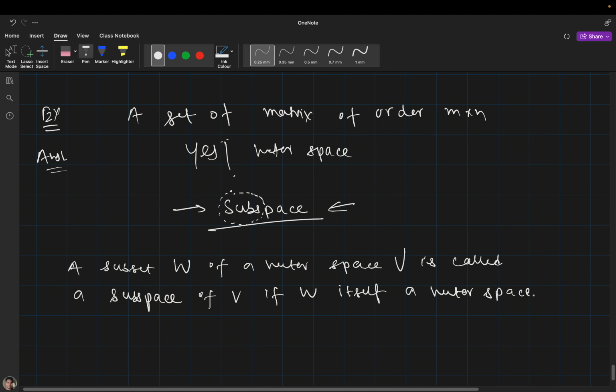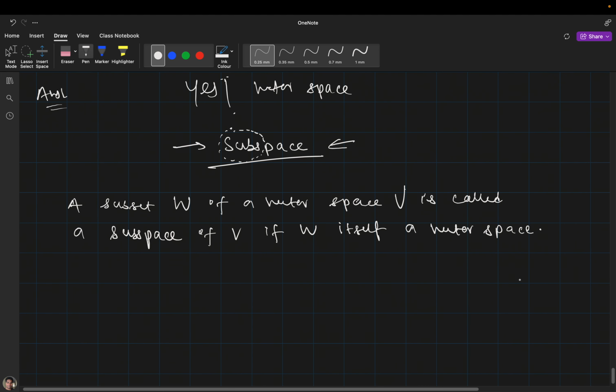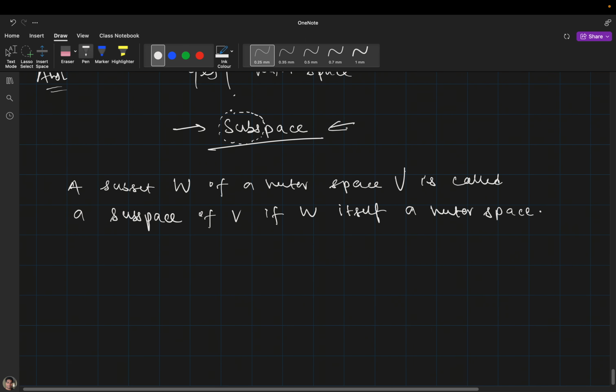Are you getting what it is saying? Suppose you have a vector space V. Now take some elements from that, a subset of that. If that subset is alone a vector space, then that subset will be called what? Subspace.